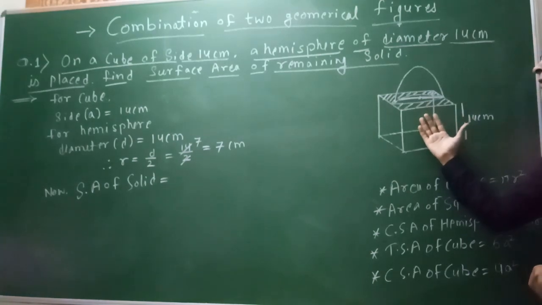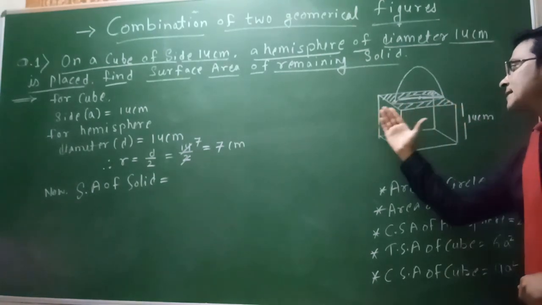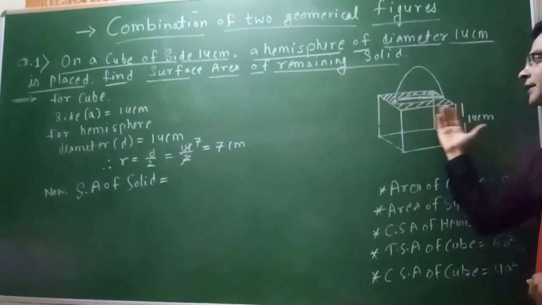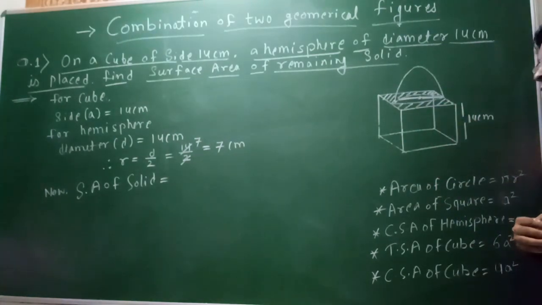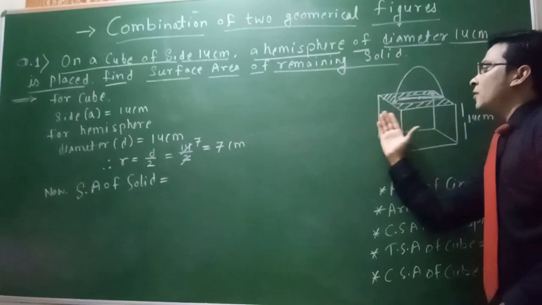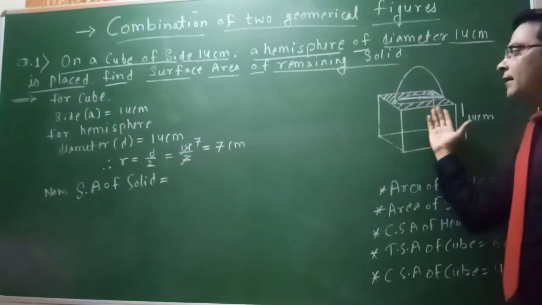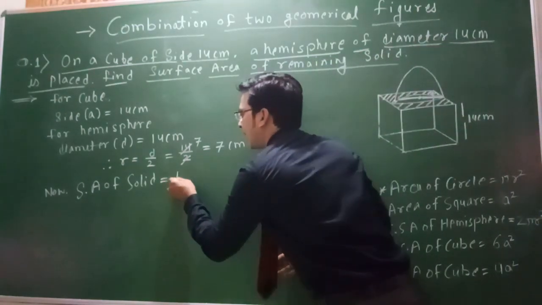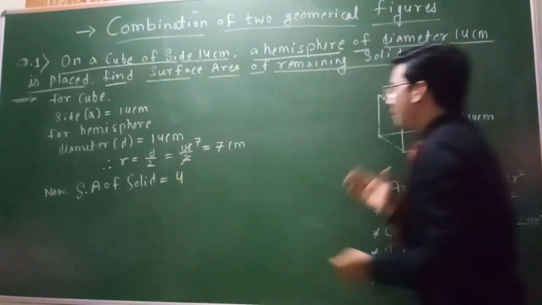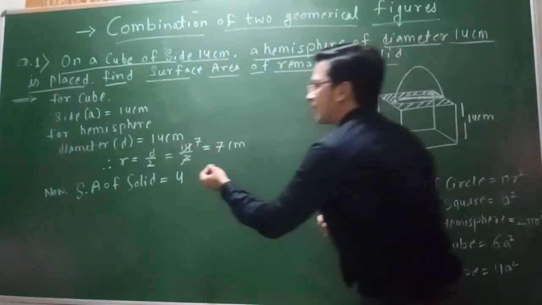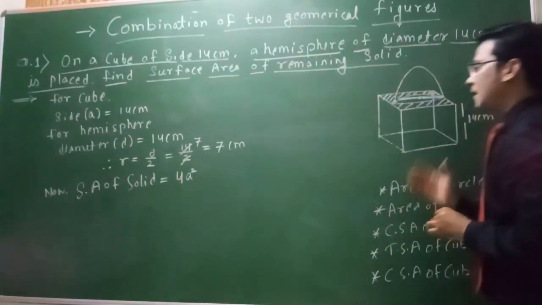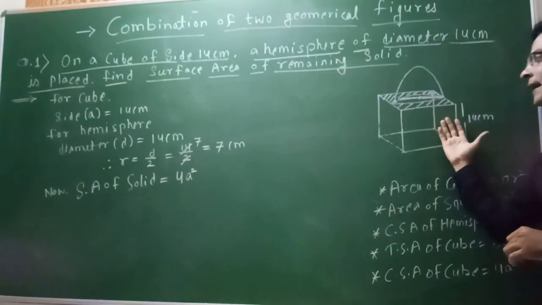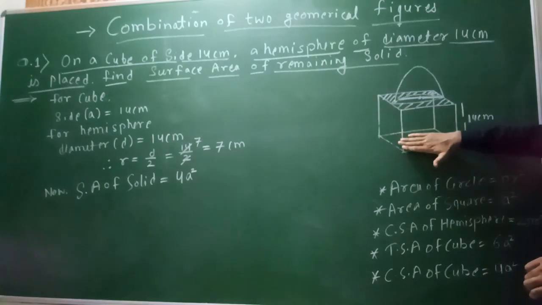In a cube there are four faces that are untouched, and one base face. They are made by squares. So first we write for the four faces which are untouched. Four faces are made by squares, so area of square is side square, and we can write 4 times a square. This is done for the 4 sides. Now there is one base face.